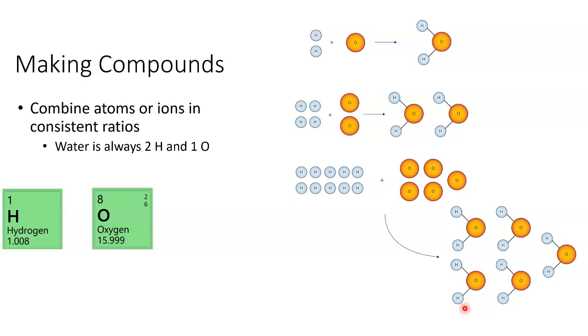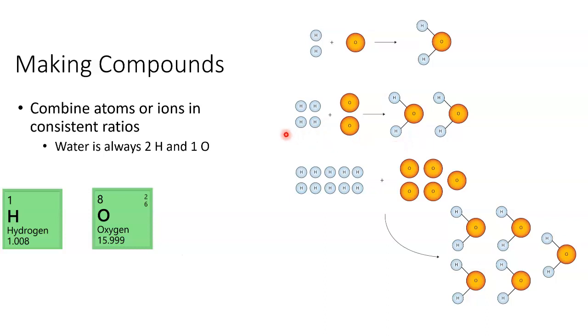So let's say you wanted to make 100 million molecules of water, you would need 200 million atoms of hydrogen and 100 million atoms of oxygen. So if we know that water is always 2 hydrogen atoms to 1 oxygen atom, but we don't really have a way to visualize that.